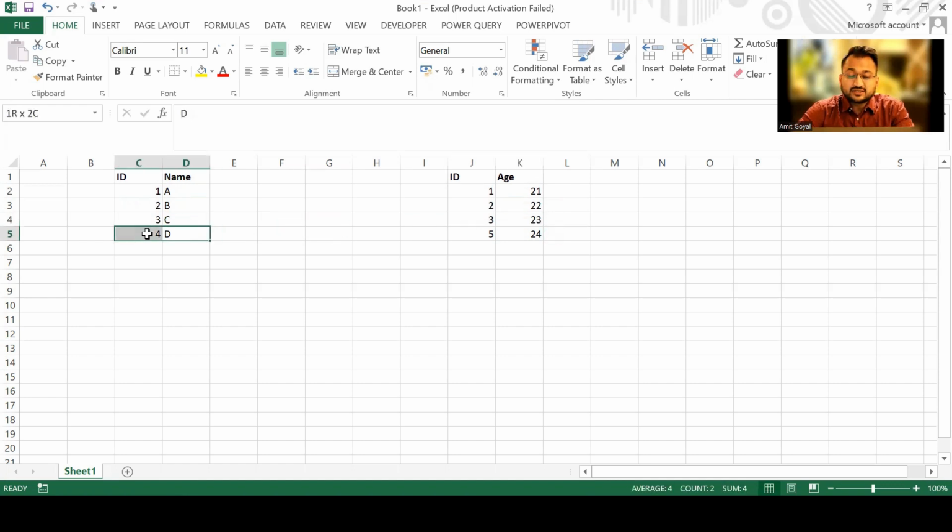I see the ID of D is 4, whereas 4 is not present in this list. So technically, I don't have the information of 4. And likewise, if I want to understand the name of the person whose ID is 5, I can see we don't have the ID 5 over here. So I can't tell the name of that person.